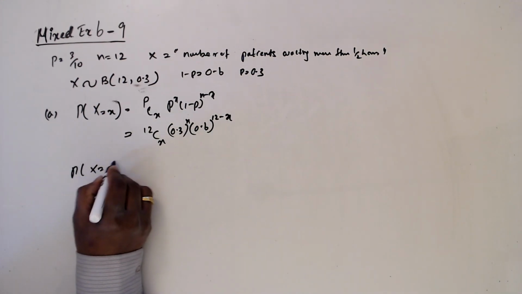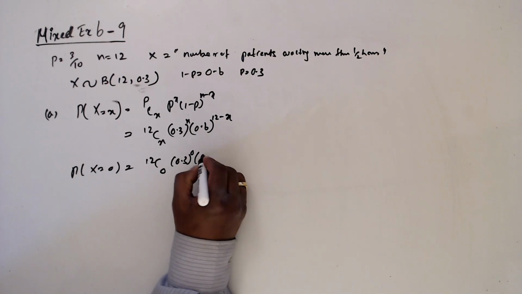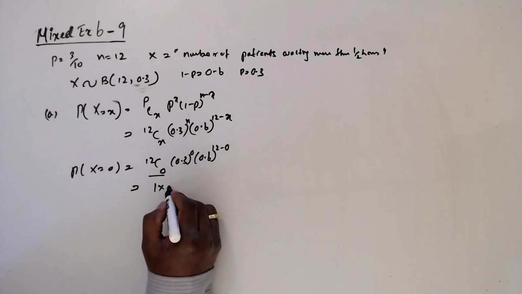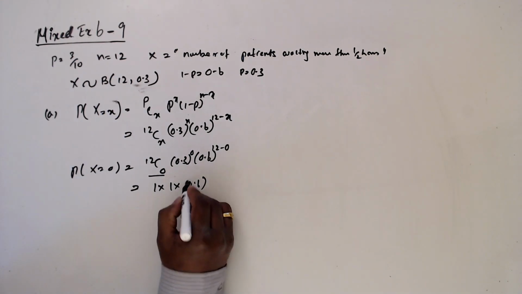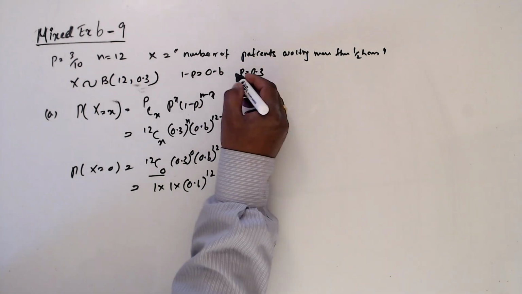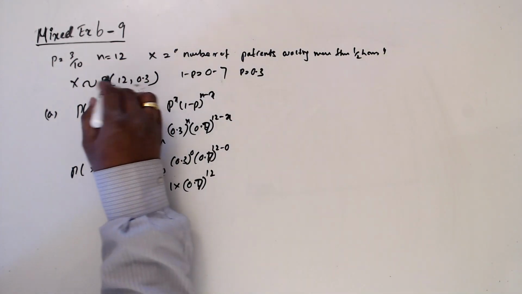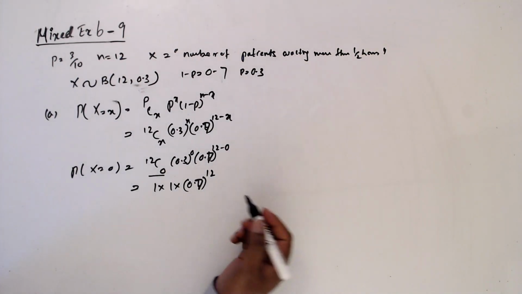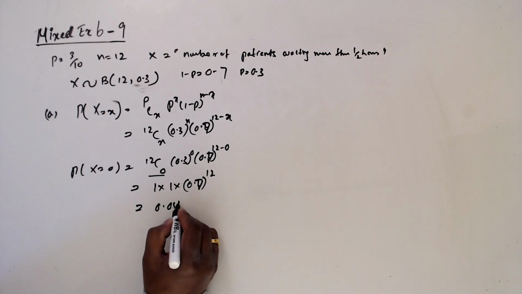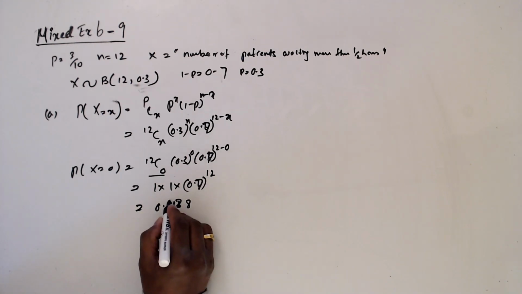Sorry, 1 minus p is 0.7. So P(X=0) is 12C0 times 0.3^0 times 0.7^12, that is 1 times 1 times 0.7 to the power 12, which is 0.0138.